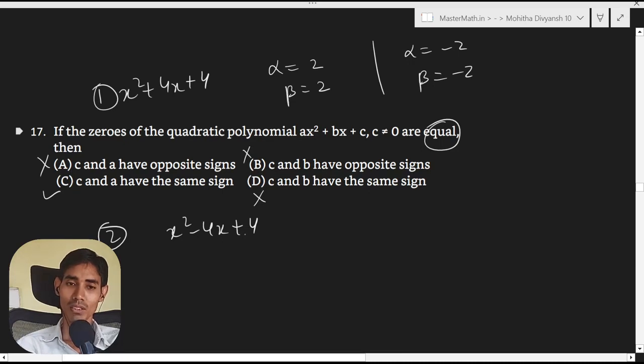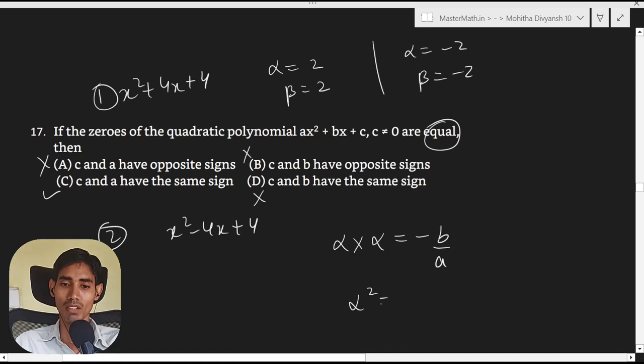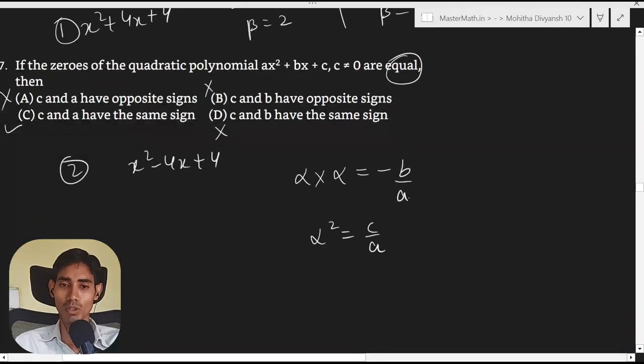Yes, sir. So we should take some extreme examples, both negative and positive. And if you want to use this, minus b by a, and alpha square is equal to c by a, so even this might help.